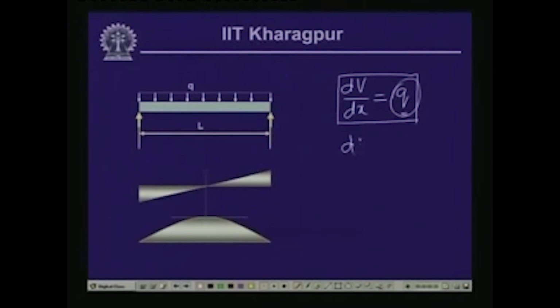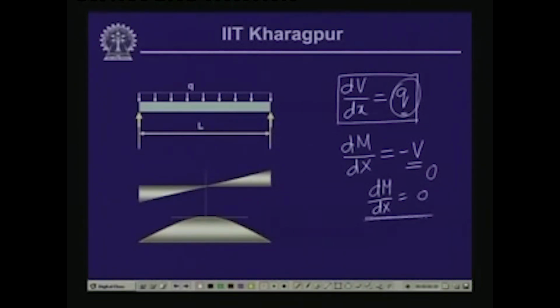Subsequently we looked into the differential of the moment, dM/dx, which is equal to minus V. If the shear force V is equal to 0, then dM/dx equals 0, and over that particular zone the moment is a constant.